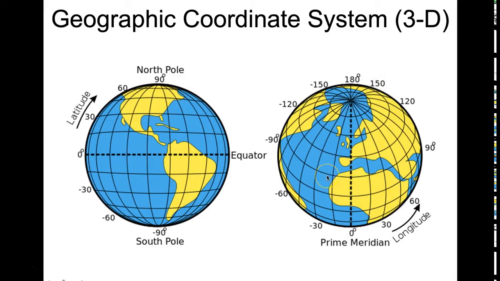So we can specify an x or a latitude coordinate, and we can specify a longitude coordinate. But what if the place we're interested in does not lie exactly on one of these lines of latitude or exactly on one of these lines of longitude? Well, then you specify a fraction of this line of latitude and a fraction of this line of longitude.